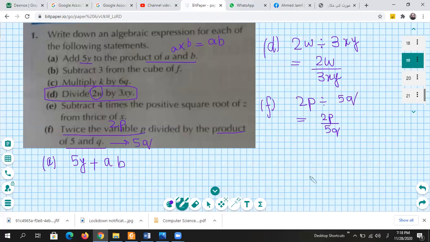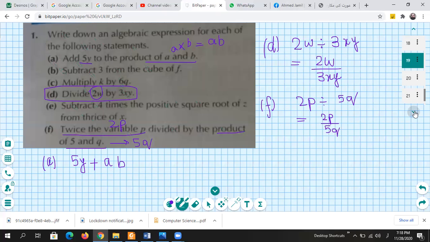So I have tried 3 different parts of this question: part A, part D and part F. You are supposed to do the rest of the parts along with the parts I have done today. So question number 1, you have to complete with all the parts.